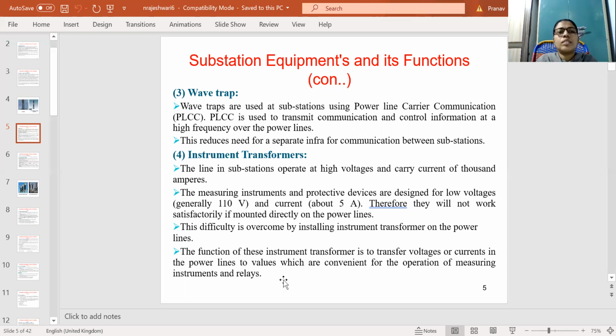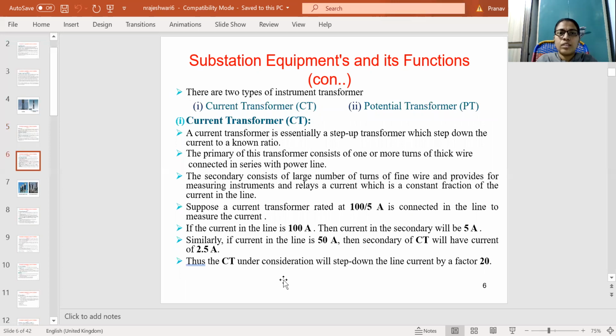There are two types of instrument transformers. One is the current transformer and the other one is the potential transformer. Coming to the current transformer, a current transformer is essentially a step-up transformer which steps down the current to known ratios.